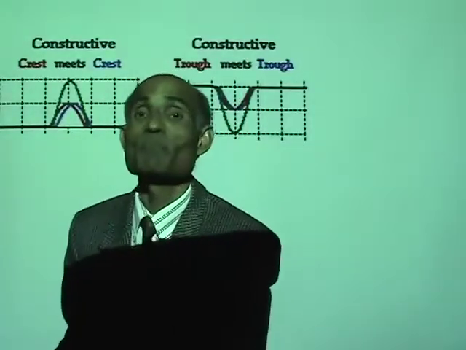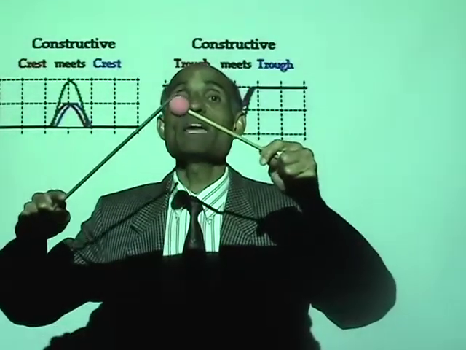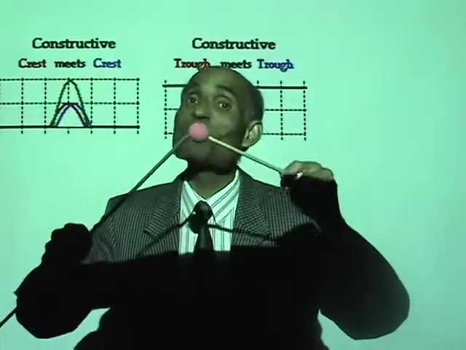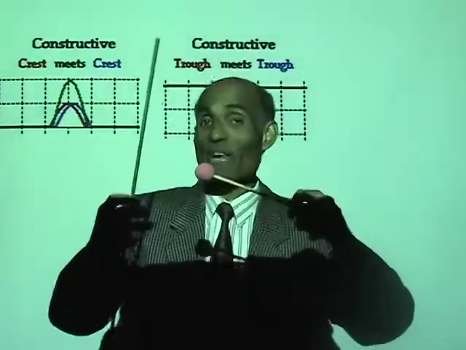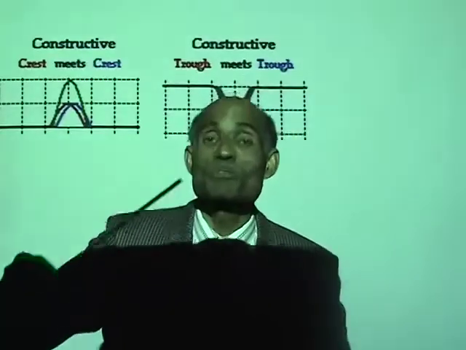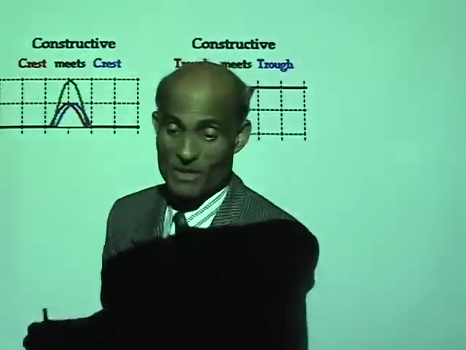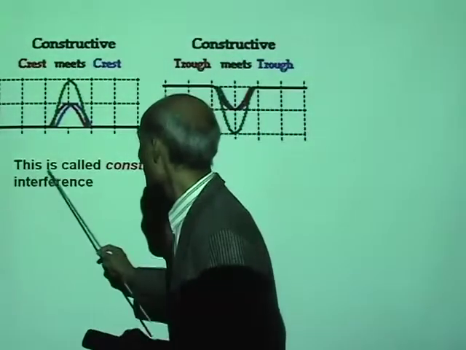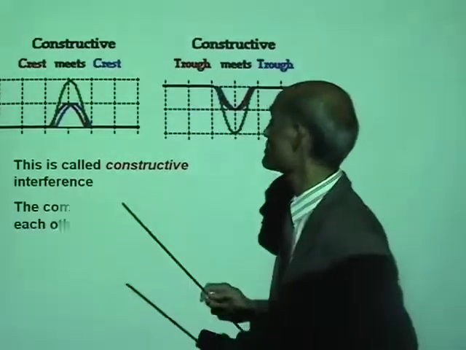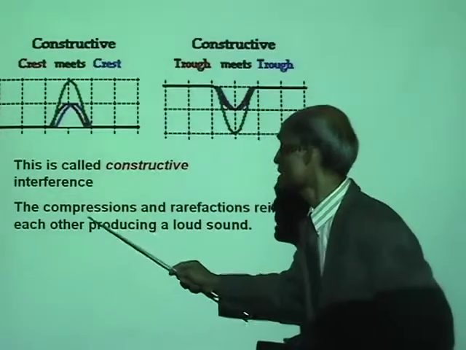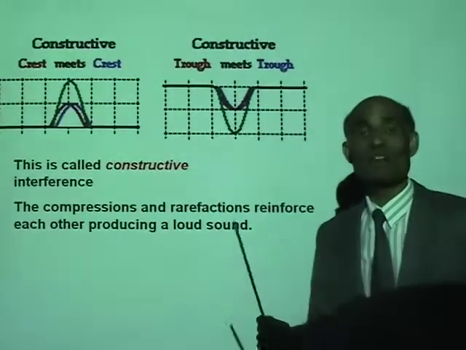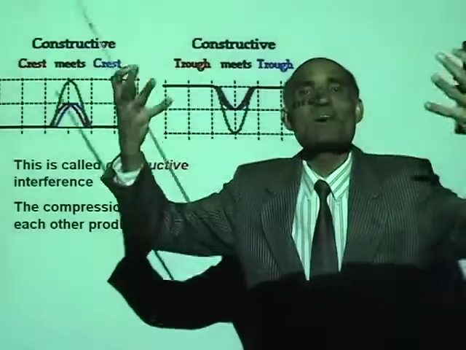In other words, if one wave makes this particle move to the left, the other also will make it move to the left. They are in phase. That will produce a bigger wave. That will produce a bigger sound. So, this is called constructive interference. The compressions and rarefactions reinforce each other, producing a loud sound.